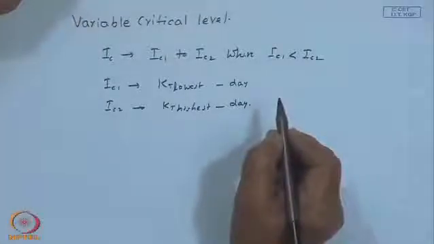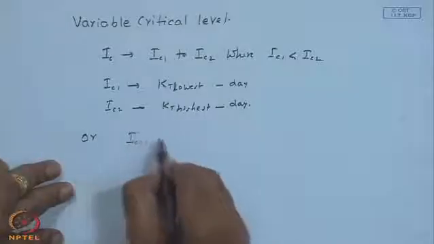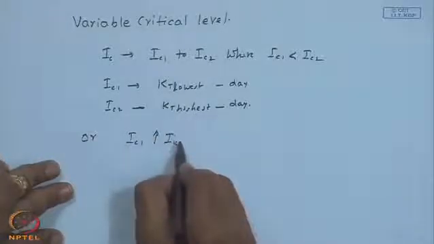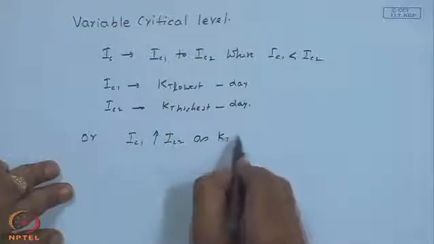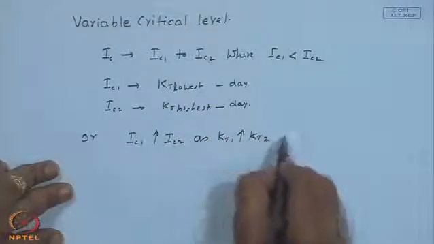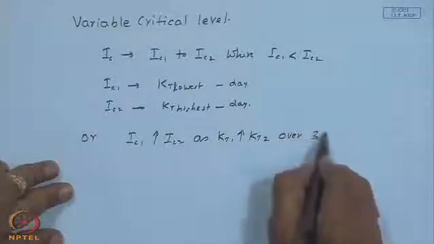In other words, broadly you may say that because of the solar radiation being higher or lower, or ambient temperature correspondingly being higher or lower, I can have two scenarios of variable critical level varying from minimum value to maximum value along with the change monotonically with the clearness indices distribution for that particular month. That is, I C 1 increasing to I C 2 as K T 1 increases to K T 2 over 30 or 31 days.